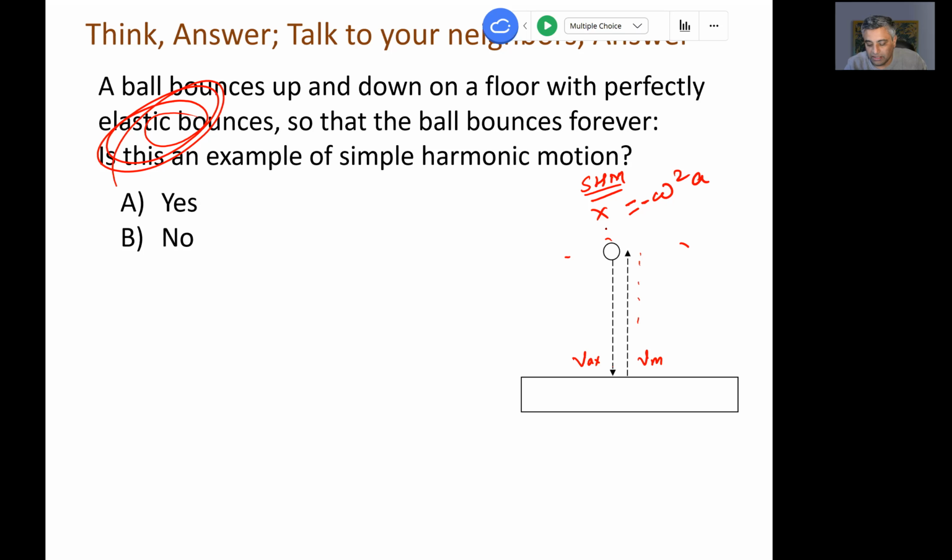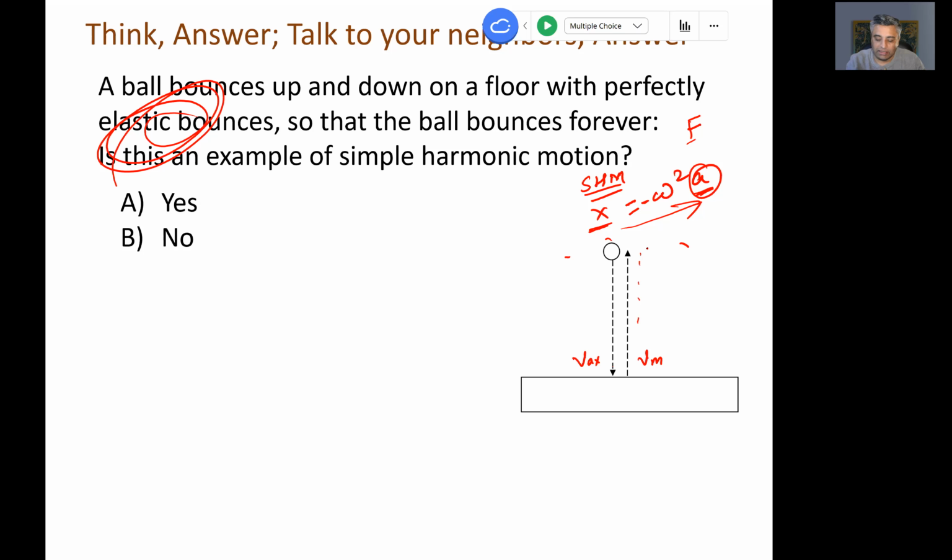What it means is when position is maximum, acceleration has to be maximum. And they have to be in opposite direction. So if it's difficult to see the acceleration, we can think in terms of force, because force and acceleration are proportional, right? And the only difference is mass. So one number is going to be larger than the other, but the nature is going to be kind of the same.